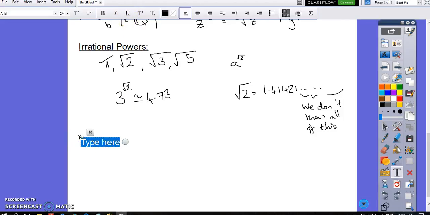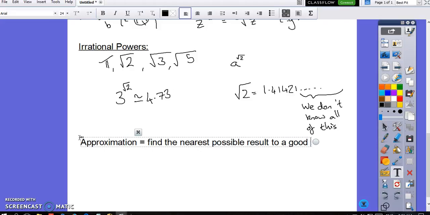If you can't find something exactly, then what approximation says is find the nearest possible result to a good level of accuracy. Because for most purposes, we don't need this to 100 decimal places.